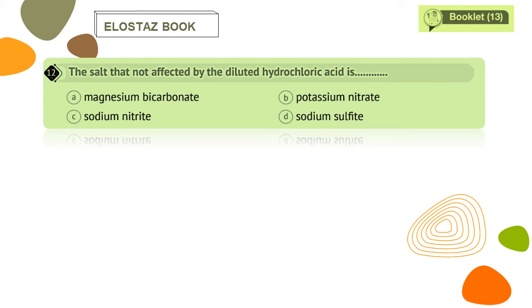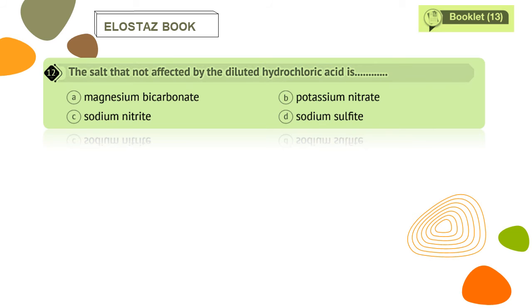We have magnesium bicarbonate; as we said, bicarbonate is affected by hydrochloric acid and dissolves. We have potassium nitrate. When we compare, we must pick the salt coming from a strong acid.